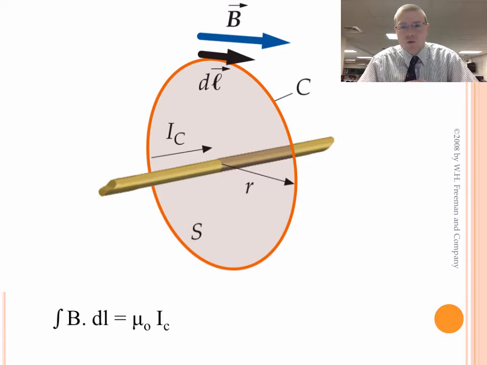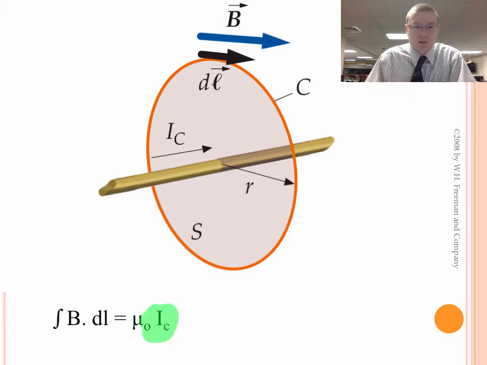So let's do this for a straight current carrying wire. If I want to solve for the magnetic field around this wire, I can write the integral of B dot dl, and I know it's valid because this current is passing through that flat circular area.